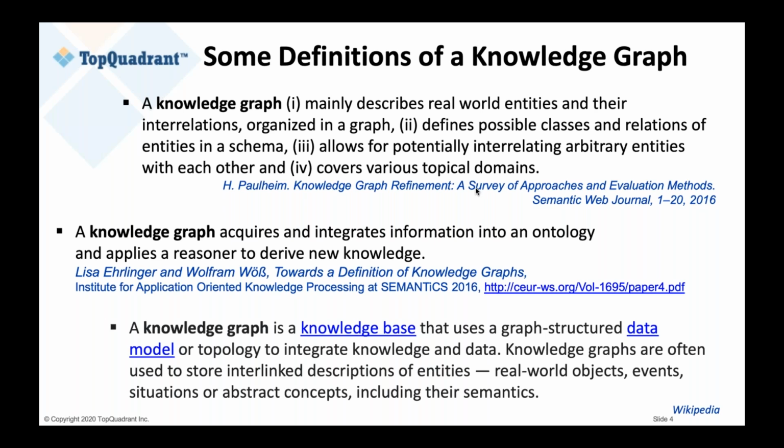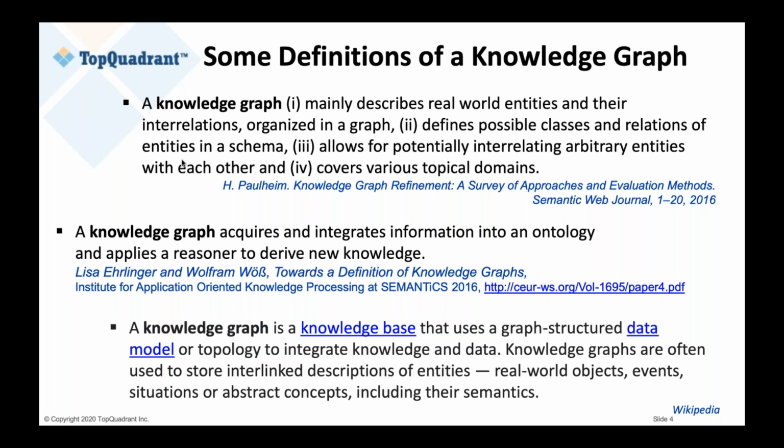They are all phrased a little bit differently, but there are some common themes and elements in all of them. Namely that we are talking about data or real-world entities, as you see here, as well as the model describing them, and that's organized in a graph. The first one talks about classes and relations in a schema.